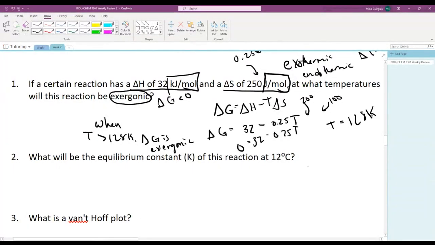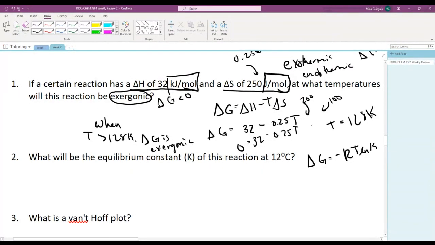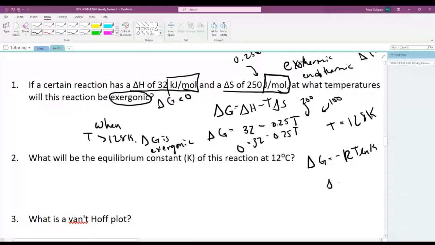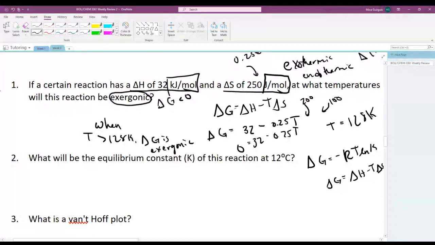So we're going to use the equation delta G equals negative RT ln K, and we're going to use this exact equation we used up there of delta G equals delta H minus T delta S. And we're going to set them equal to each other to solve for K. So important things are, I'm just going to work over from the left.